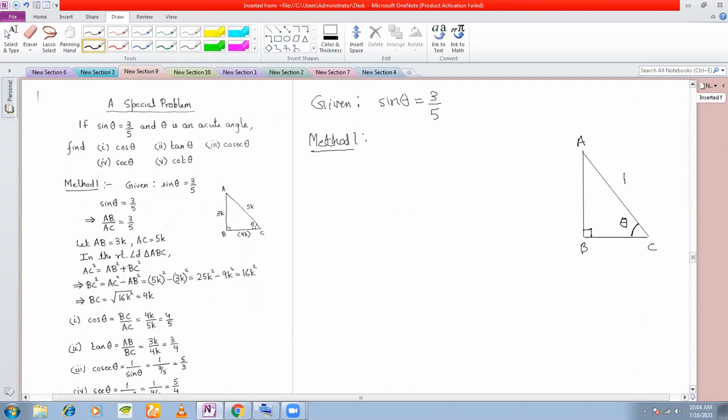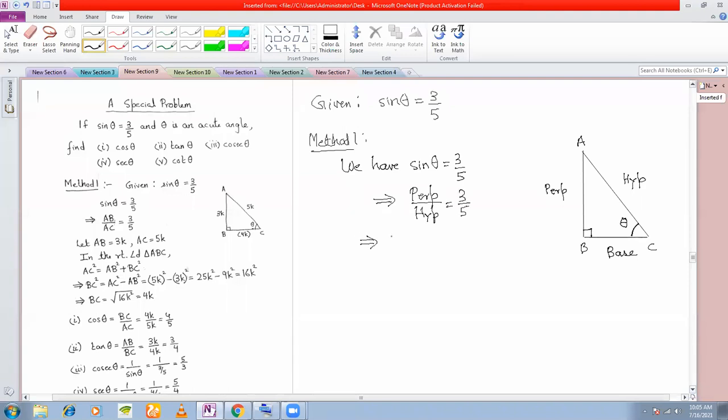So this becomes your hypotenuse, this becomes your perpendicular, and this becomes your base. So we start with sine theta is equal to 3 by 5. Now according to the figure, sine theta is perpendicular by hypotenuse, which is equal to 3 by 5.